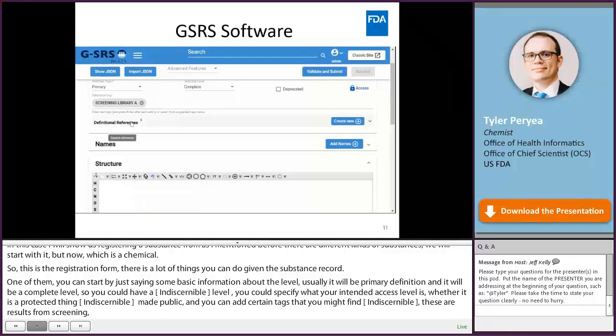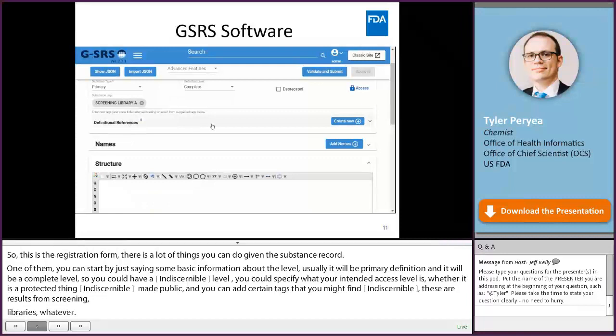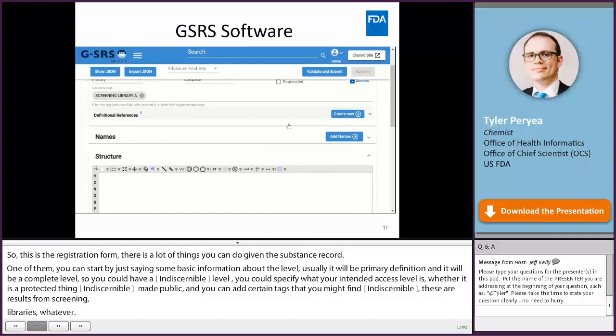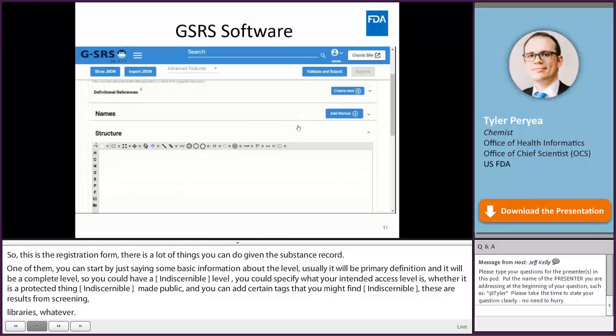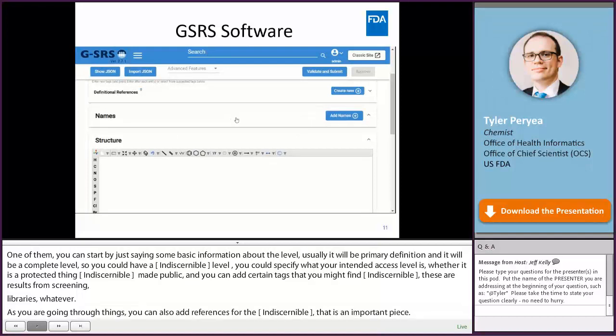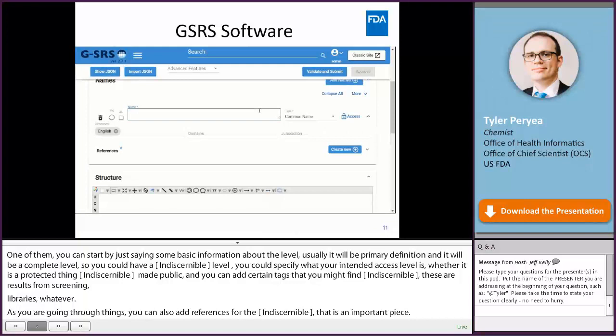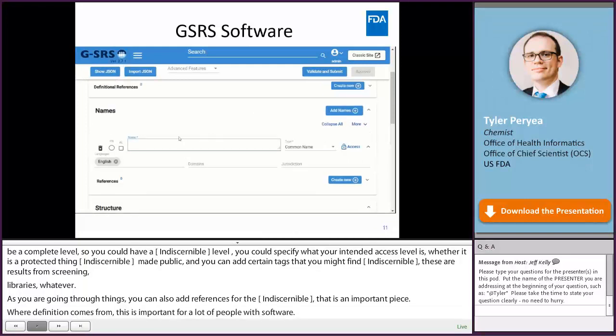As you're going through things, you also add references for where you got the definition from. That's a very important piece, for us to know where definitions come from, and that's important for a lot of people who use the software. You can add individual names. There's no limit on the number of names that you might add to a substance, so this form helps you fill those things out.